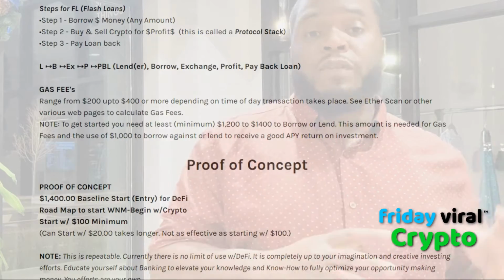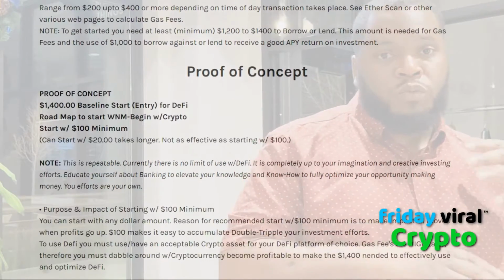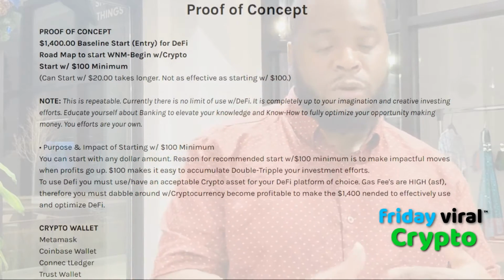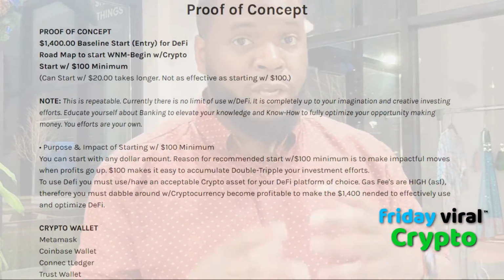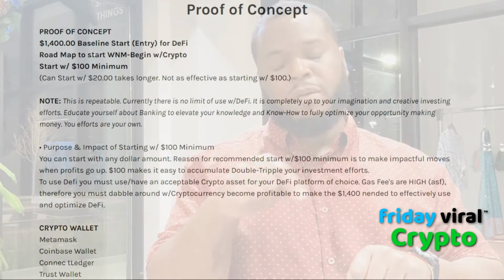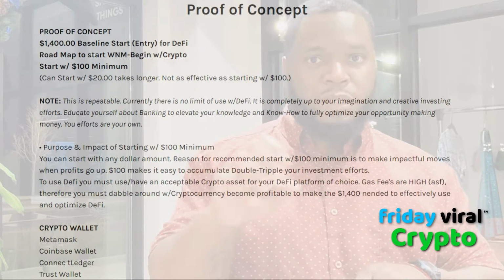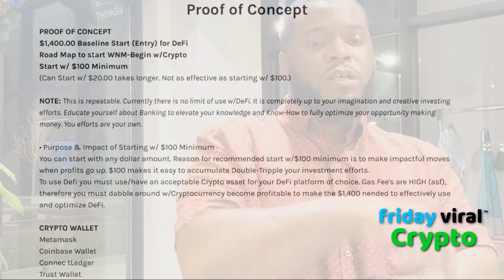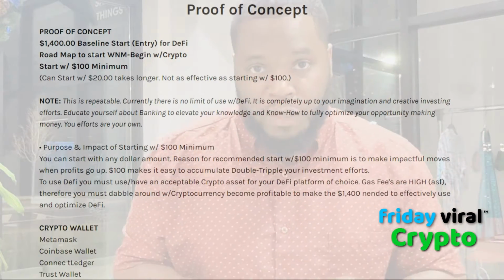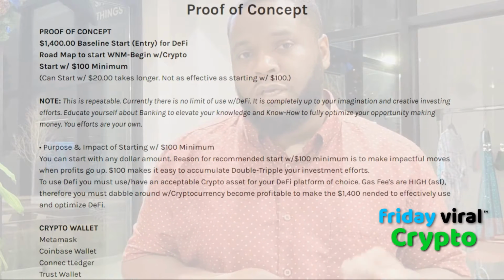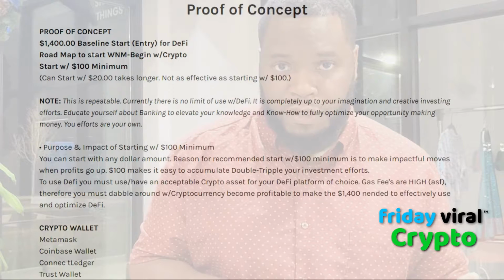But what I've seen, when I was working on my proof of concept, going through it to see how it works, is that when you transfer your crypto into the crypto wallet, and then you want to take that crypto asset and transfer it onto a DeFi platform, I saw that it could be between $260 to $430.